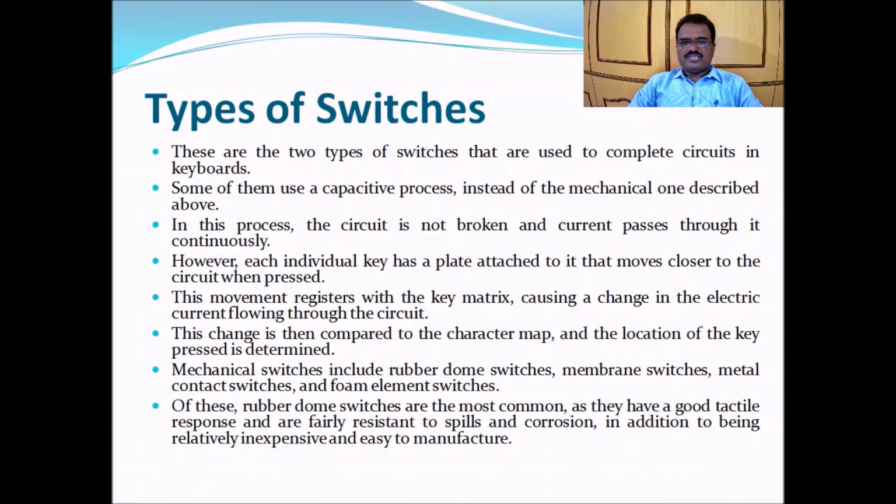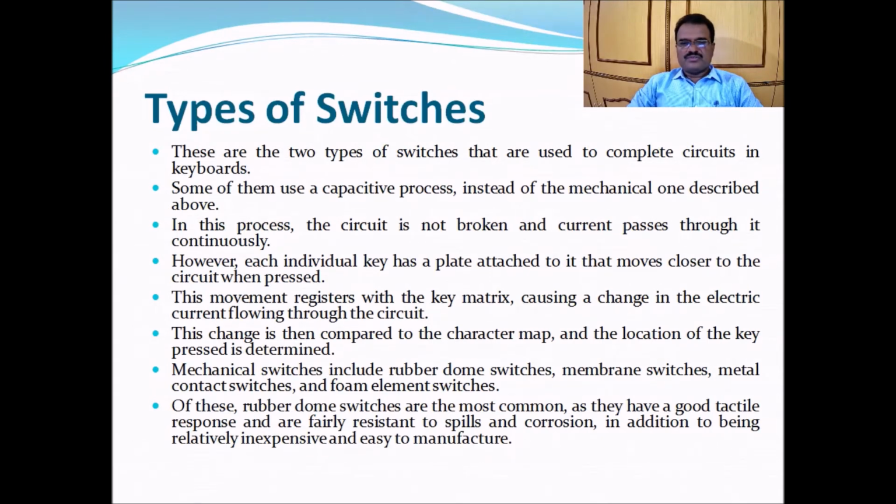However, each individual key has a plate attached to it that moves closer to the circuit when pressed. This movement registers with the key matrix, causing a change in the electric current flowing through the circuit. This change is then compared to the character map, and the location of the key pressed is determined.